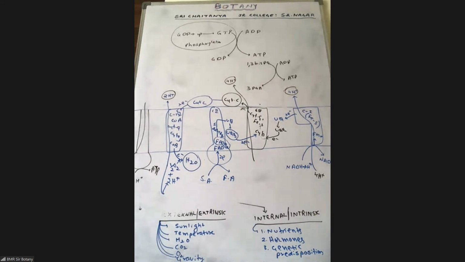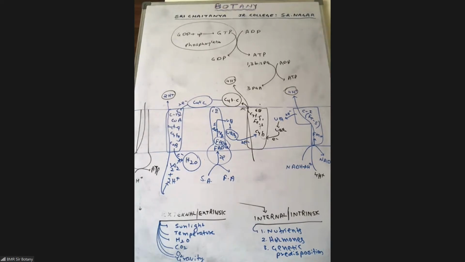The only proton carrier, F naught, part of complex 5, or ATP synthase. The same will be there in photosynthesis, to be called ATP synthetase. That of course is a difference.